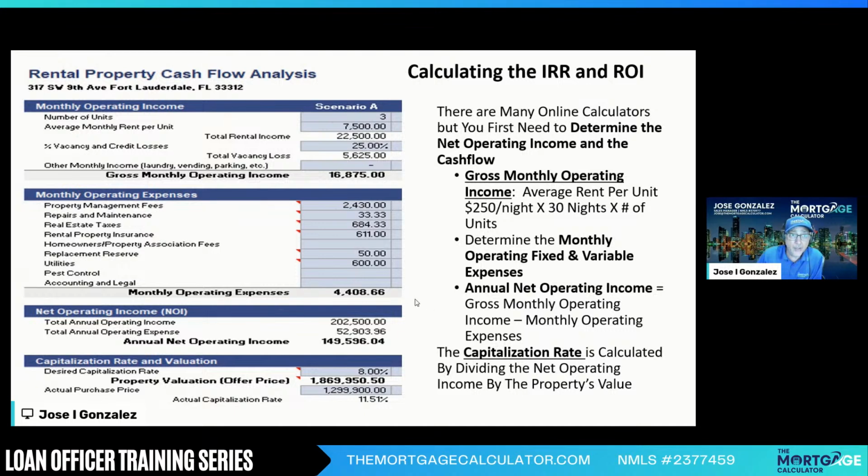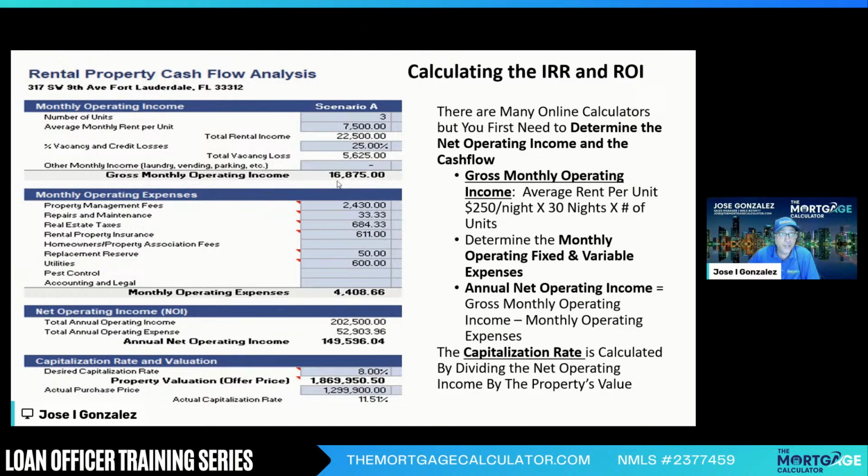So then you get your total there of your monthly operating fixed and variable expenses. And then you have to determine the annual net operating income. So for that, you would get your gross monthly operating income, which we've already determined.